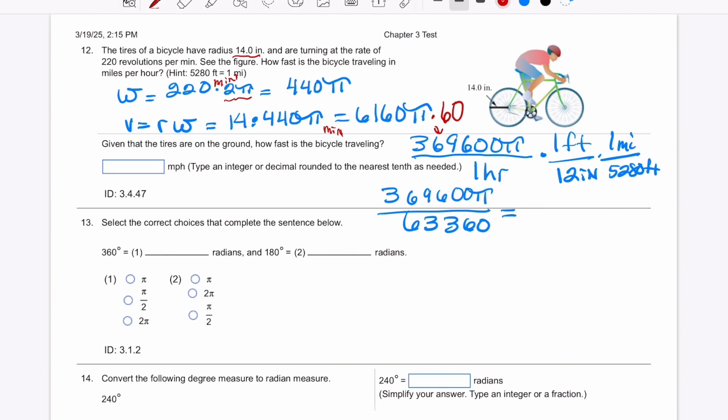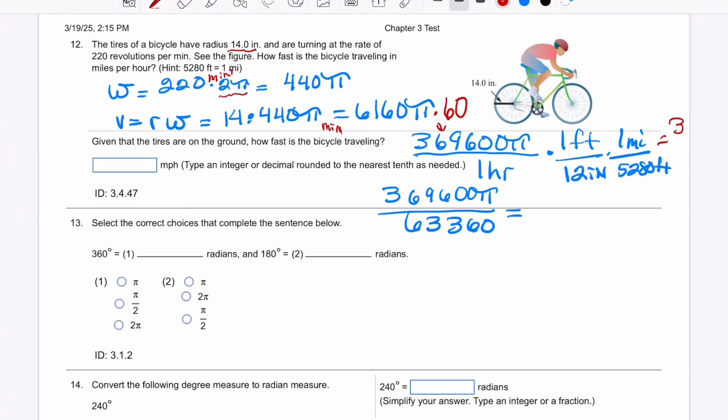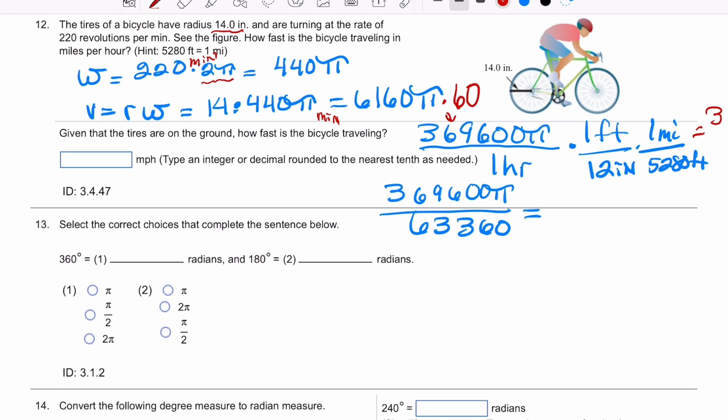And then, okay, so you got 35 pi over 6. Because they gave us per minute, we needed to change that minute into an hour, right? So that's why we multiply by 60.